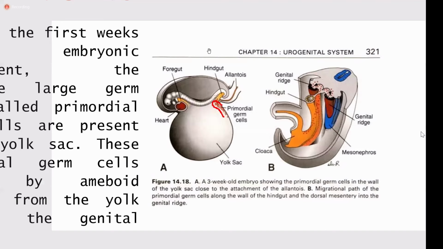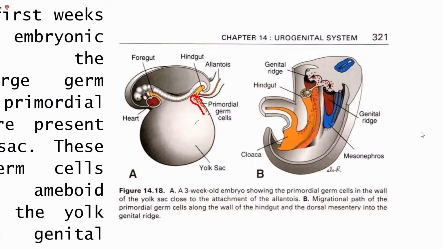Say we have here the primordial germ cells from the yolk sac. Then they will migrate dito sa may hindgut papunta kay genital ridge. If we try to magnify this structure, nandito yung yolk sac, nandito sila galing yung primordial germ cells, and then pumunta sila kay genital ridge through amoeboid movement.